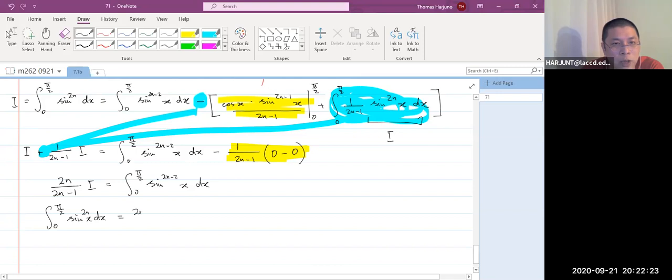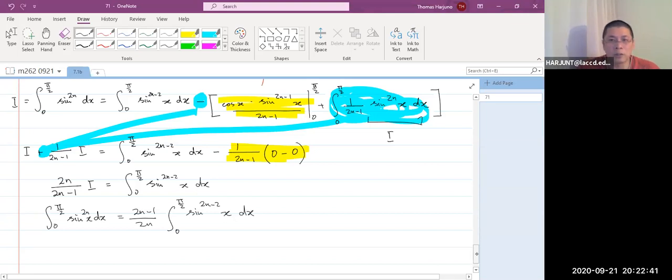So I, which is the integral from 0 to pi over 2 of sine to the 2n of x dx, equals 2n minus 1 over 2n times the integral from 0 to pi over 2 of sine to the 2n minus 2 of x dx.